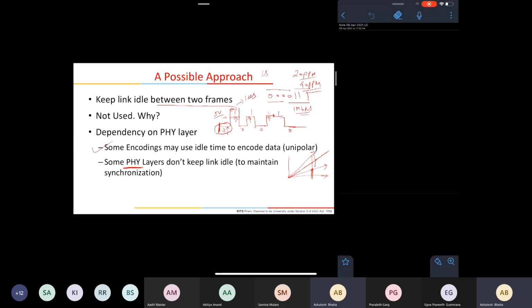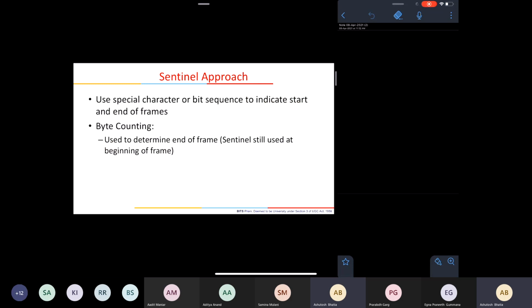Some physical layers keep on sending a special pattern to keep the synchronization between the sender and the receiver. If that is the case, you can't really use this idle technique.